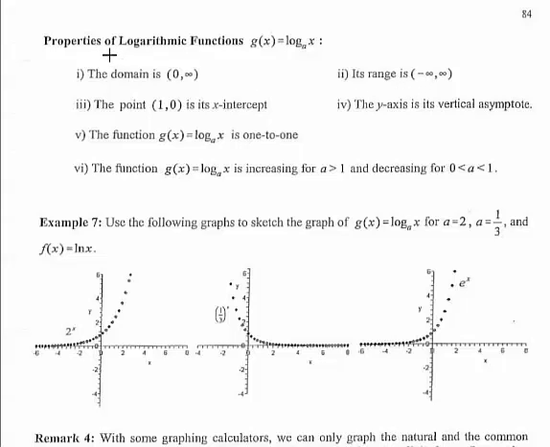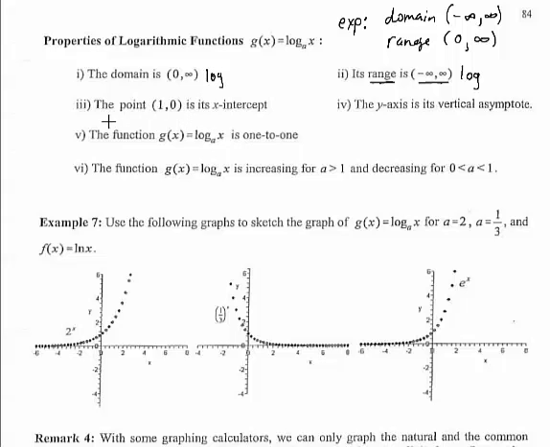For an exponential function, the domain was all real numbers, and the range, it never crossed the x-axis, so it was from 0 to infinity. Well, with the inverse function, the range is now all real numbers for log, and the domain just simply copied the range of the exponential, so the domain for the log is from 0 to infinity.